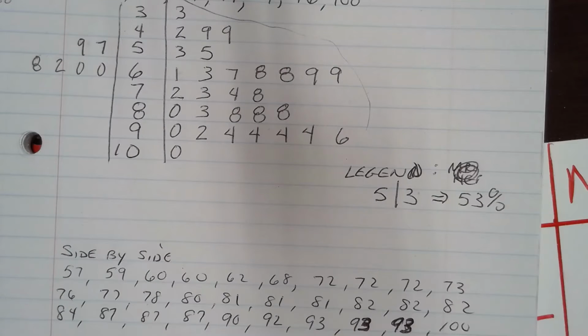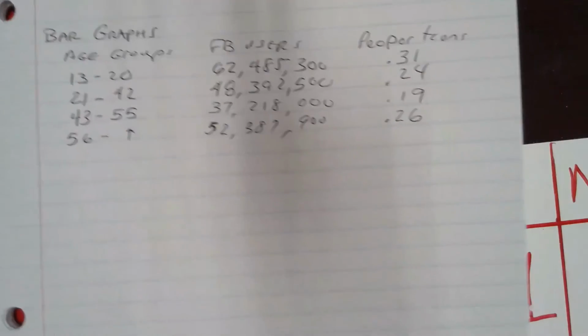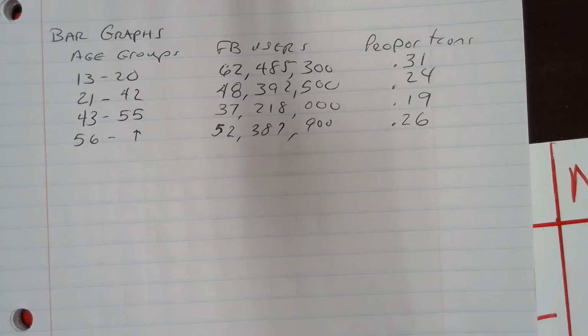Cool? Yeah. All right. Now, the only other thing that's in this section that I wanted to go through is what we call bar graphs. Okay, again, this whole unit is talking about ways that we look at data, right?